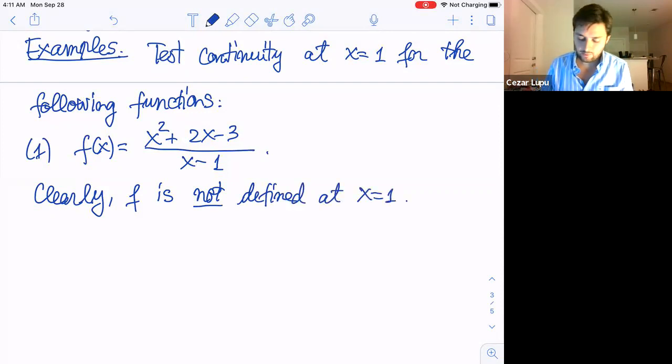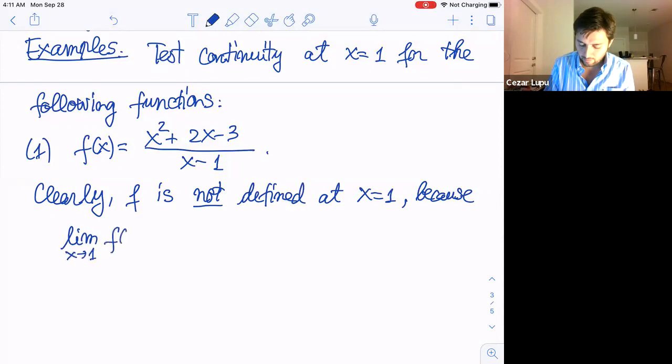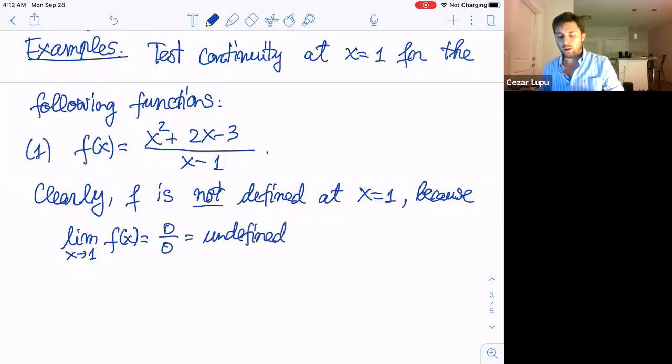We cannot plug in, but we can take the limit as x approaches 1 of f of x, and this will be 0 over 0, which is undefined.